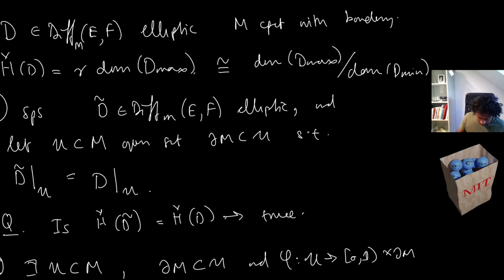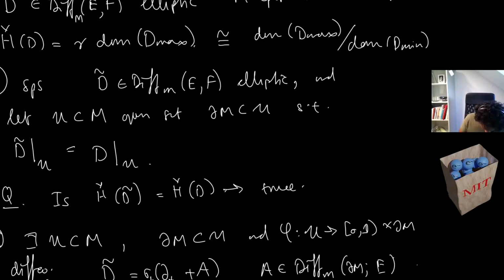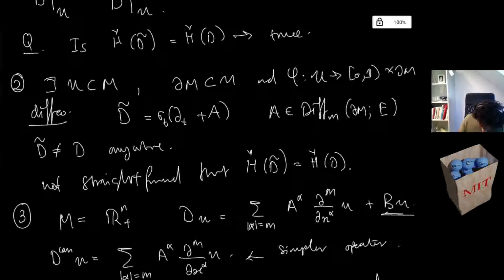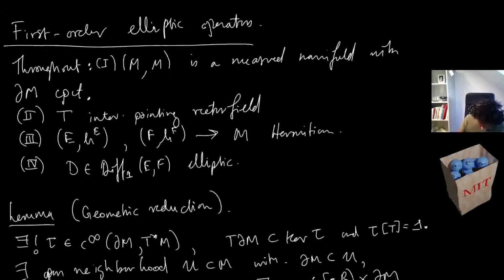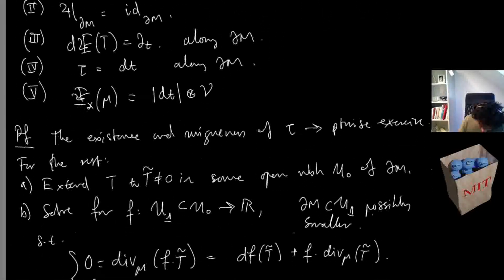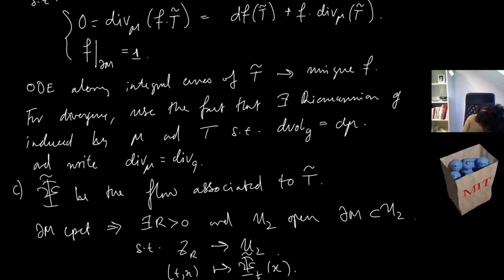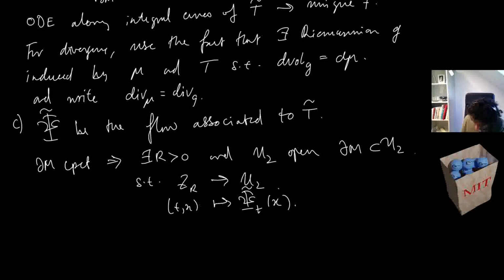It's not the capital psi, no, it's capital psi tilde, right? Sorry, it's just up here, capital psi tilde. So there's a tilde up here, right? So the flow is the psi tilde.